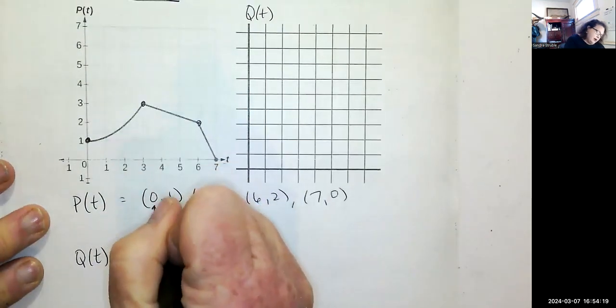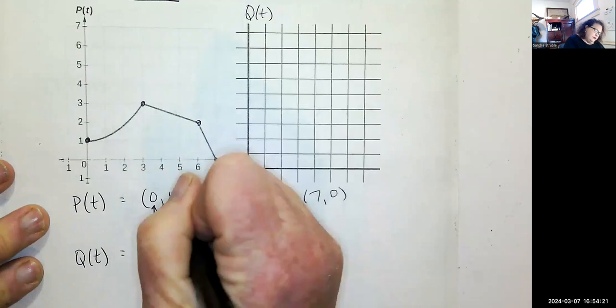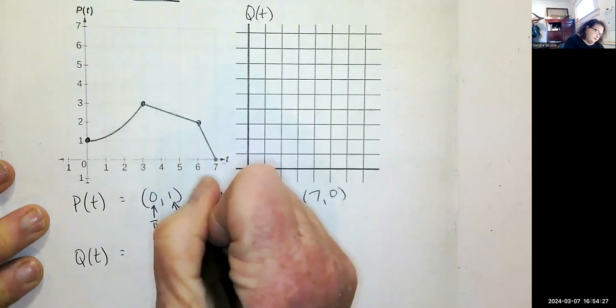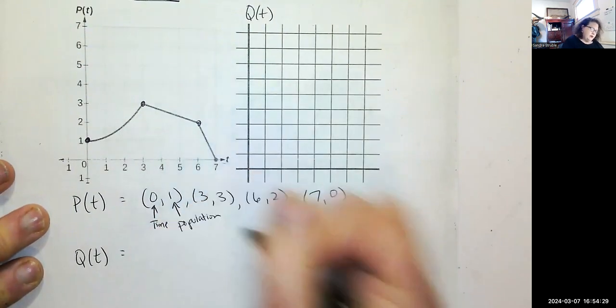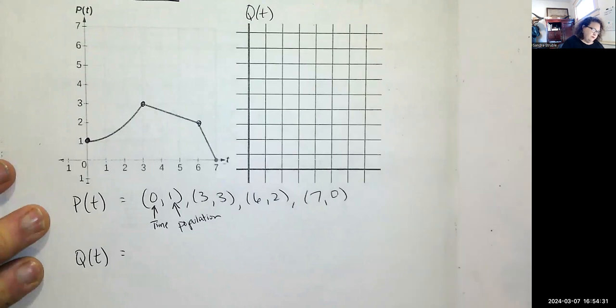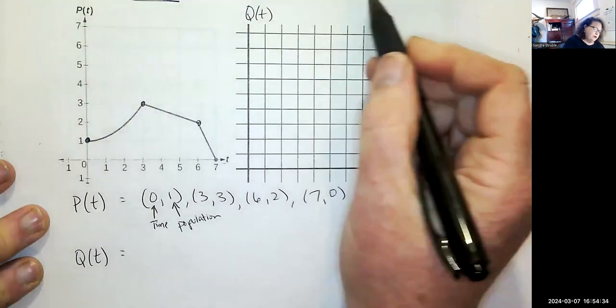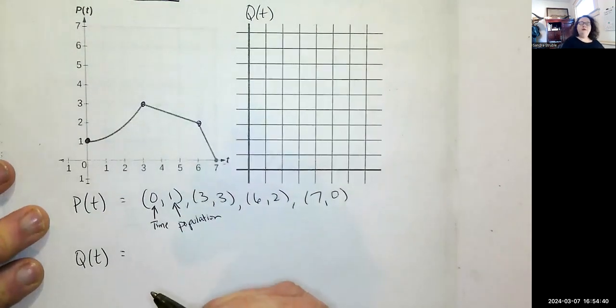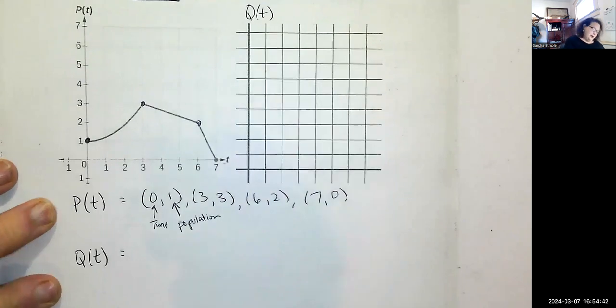So these are your time. And the Y values is your what? It's the population. Okay. So what's changing here? They're saying whose growth follows the same pattern, but is twice as large. So it follows the same time pattern, but the population is twice as big.